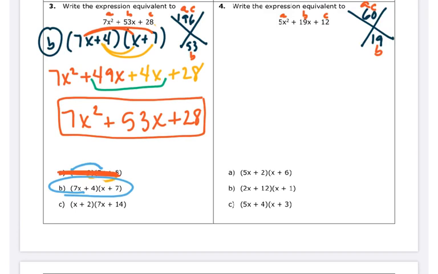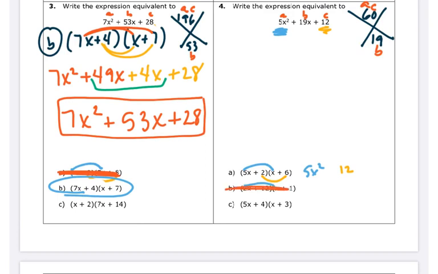Okay, so we would check front times front. 5 times x, yep, that makes 5x squared. Check back times back. 2 times 6, yep, that makes 12. So A could possibly be the correct answer. Let's check B. 2 times 1, no, that's never going to make a 5.